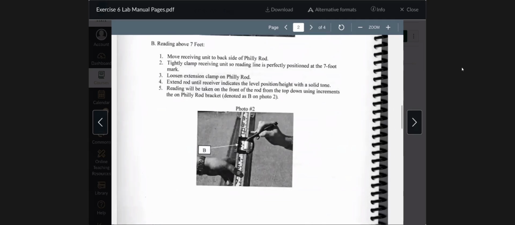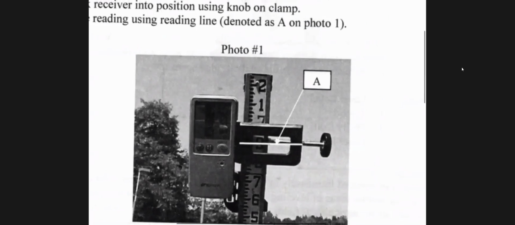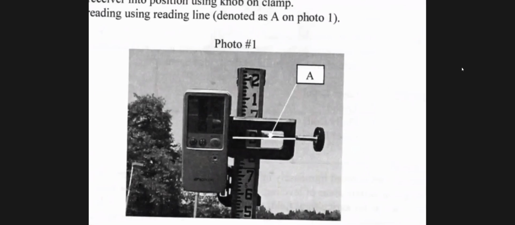You really can't see it closely here, but there's a little vertical window in the top left corner there, and you can see a white line passing through the middle of it. And you notice if you project that white line across to the top of the bracket, that is where you would take your reading on the rod.